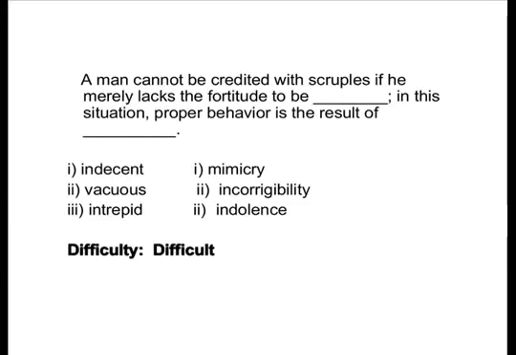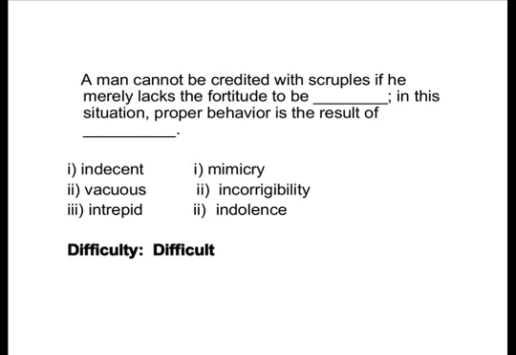The only choice for the first blank is indecent, which means bad behavior. Vacuous means empty or without, and intrepid means bold, gutsy, audacious. Wrong. Indecent goes in the first blank. For the second blank, in this situation, proper behavior is the result of mimicry, which is copying, doesn't follow the flow of the sentence.